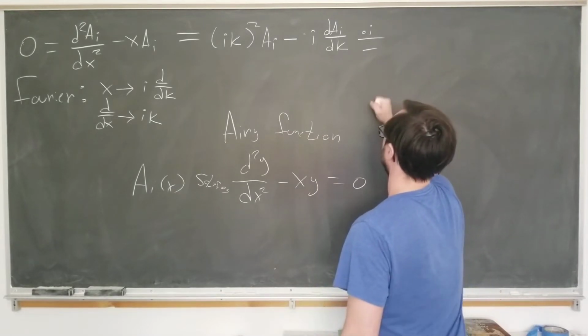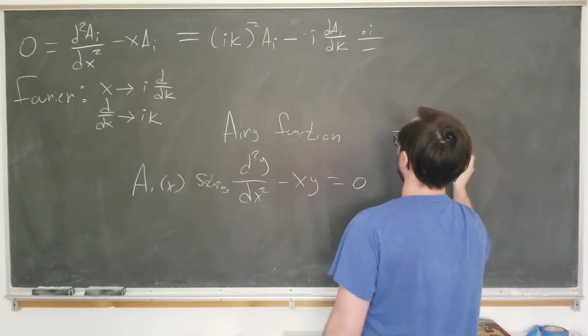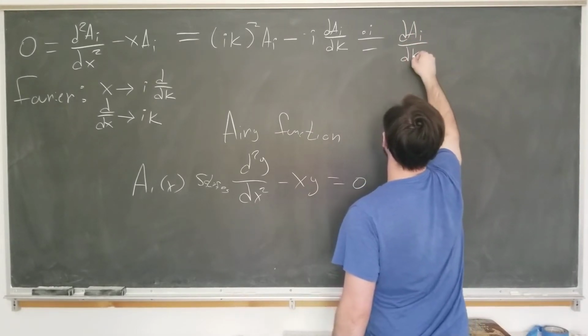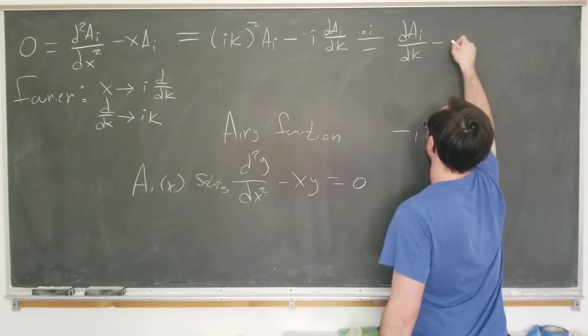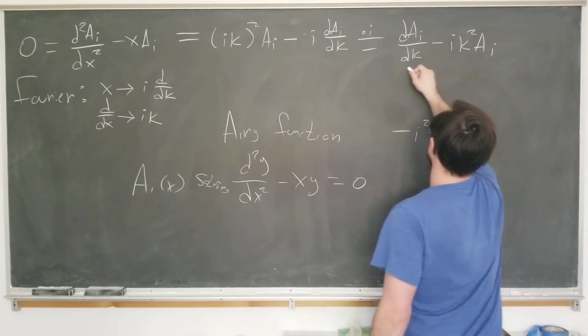And second term is going to be minus i squared equals plus 1, of course. So it's going to be dAi by dk minus ik squared Ai being equal to 0.